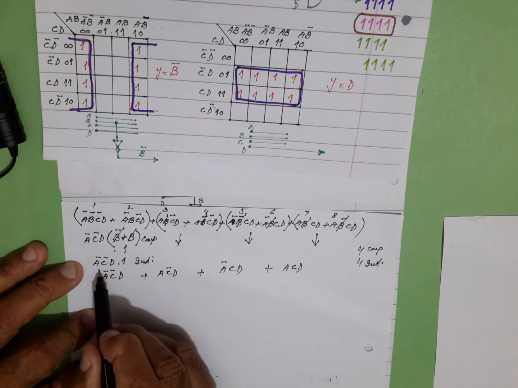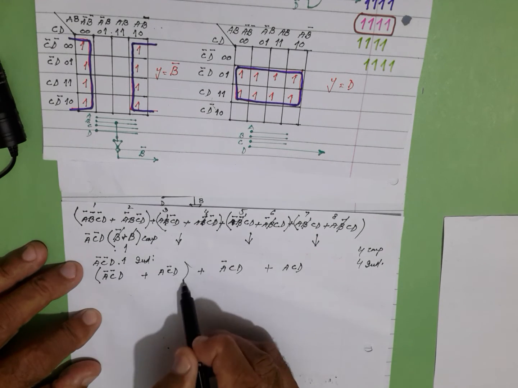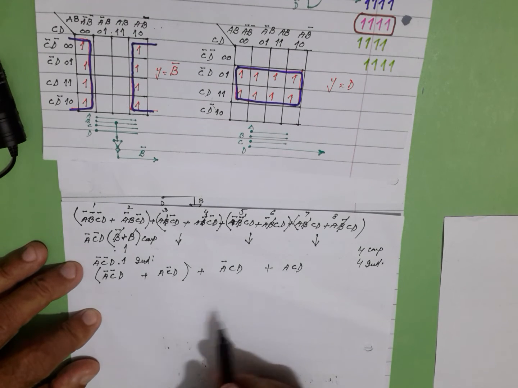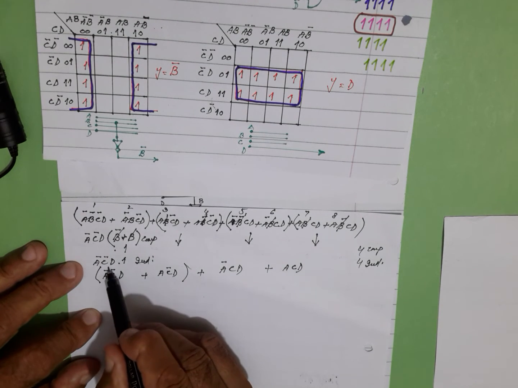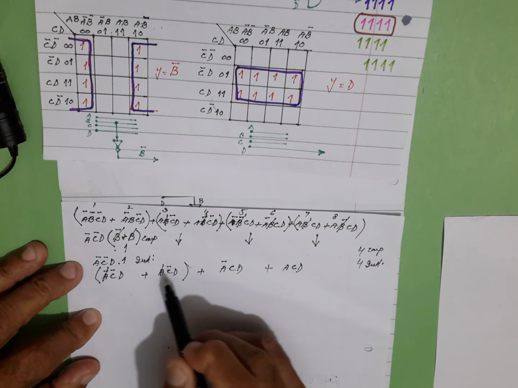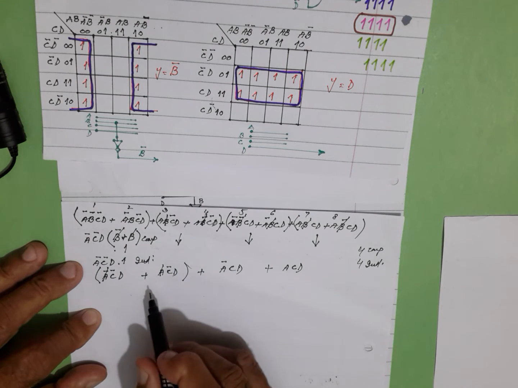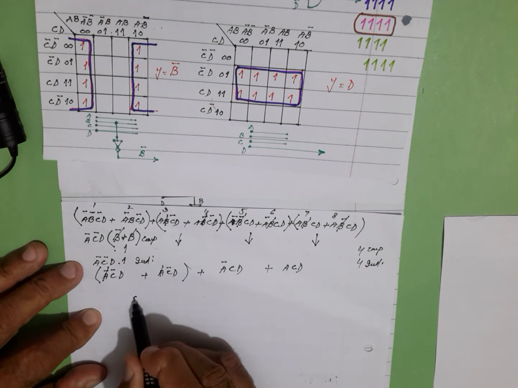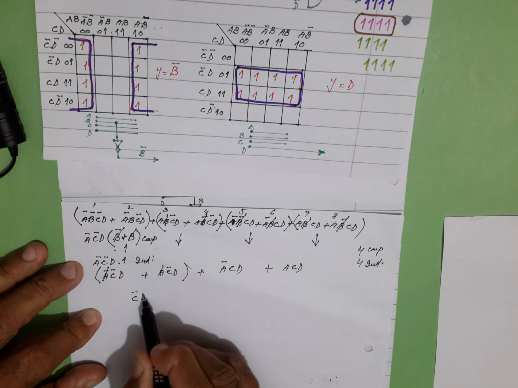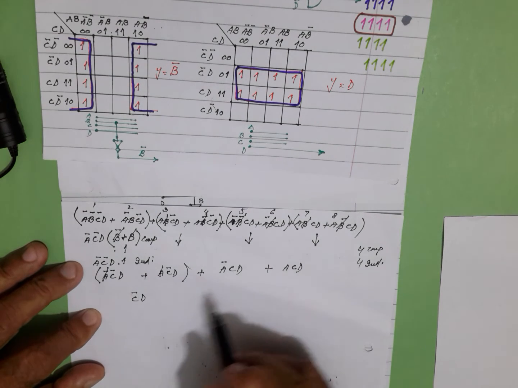Let us further simplify these two. See that A bar is changing. It is the complement law and the identity law, and we have C bar D for these 2 equations.